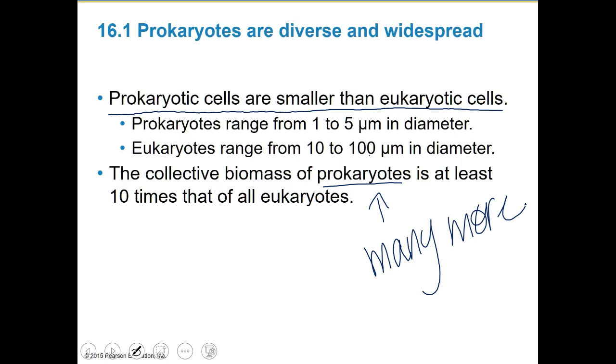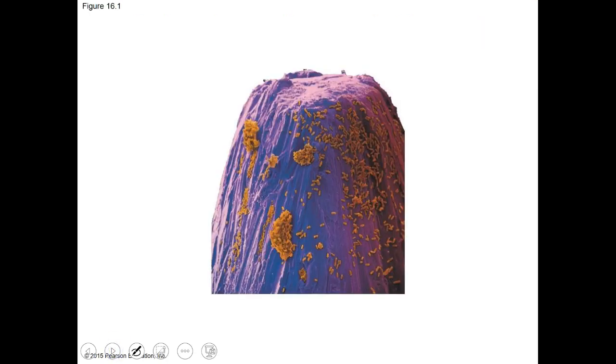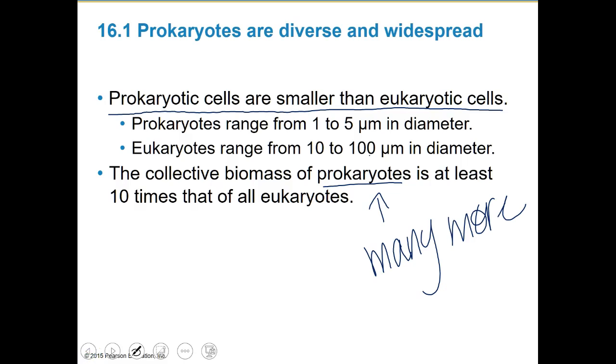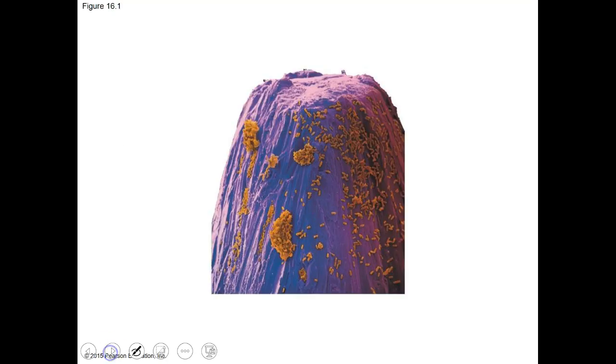We're already made of hundreds of thousands of cells, and then we've got smaller cells just to make up us as one organism. So there are so many prokaryotes. And biomass, by the way, is the mass of that particular biology, the mass of that particular living organism. So these living organisms far outweigh us.